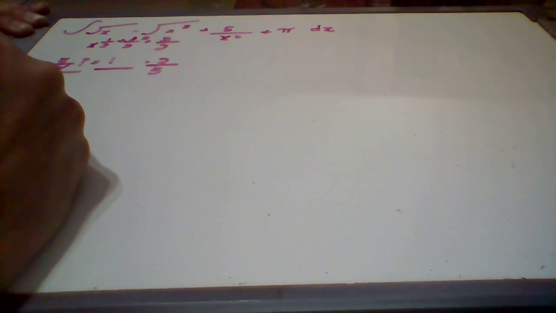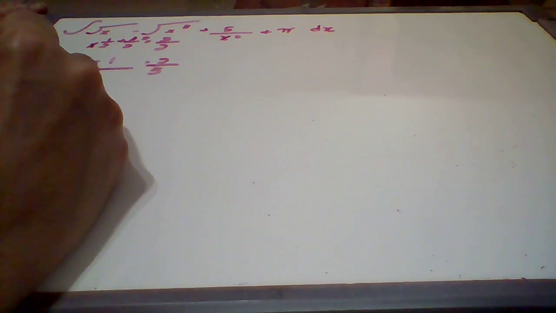So then it ends up being its reciprocal. So now we have 2/3 x to the 3 halves. And I suppose you could write the square root of x cubed, but you don't need to.